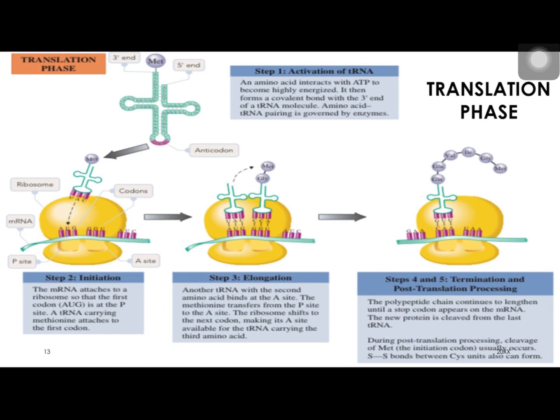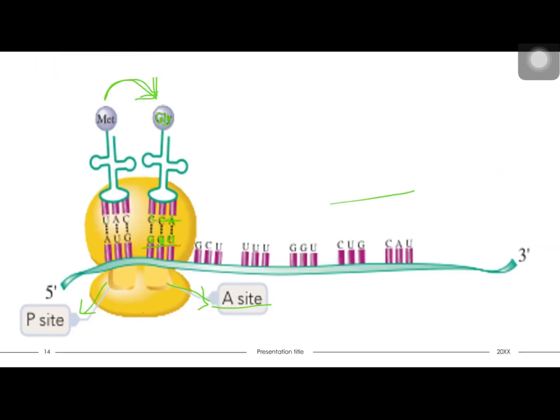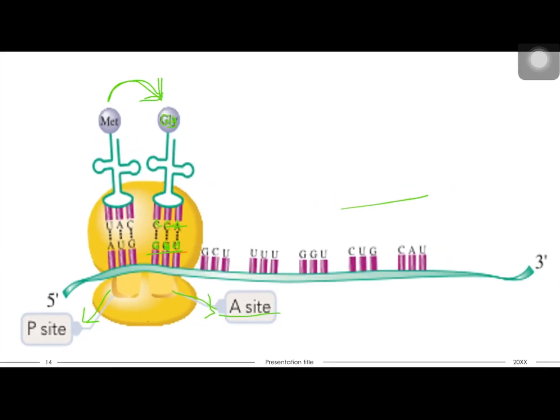So that empty tRNA will leave the site, and then the ribosome shifts to the next codon, making its A site available for the tRNA carrying the third amino acid.